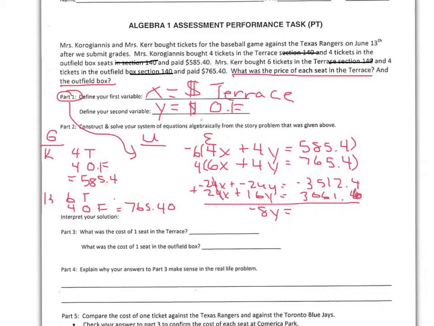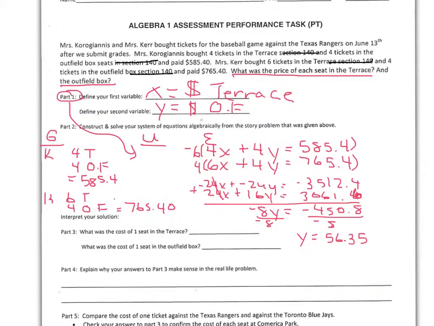Plus 3,061.6. You should get negative 450. Divide by negative 8. And when you do that, you should have gotten $56.35.